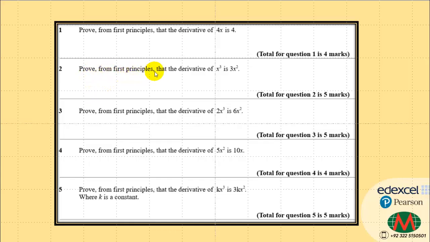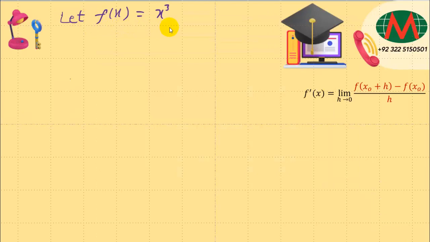Second, prove from the first principle that the derivative of x cube is 3x squared. Now the function is f(x) = x cube. So to find the derivative, that is f'(x), we use this formula, the limit as h tends to 0, h approaches 0.